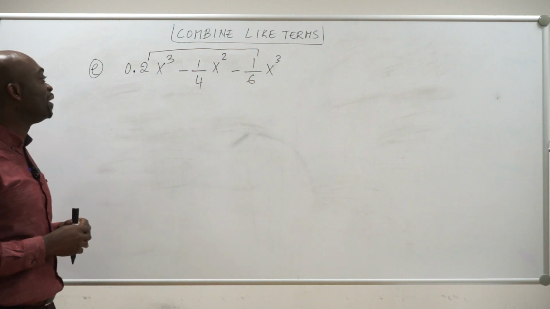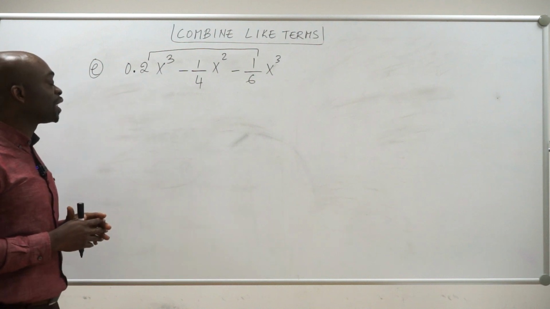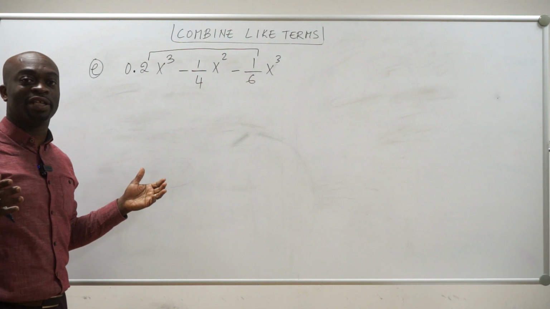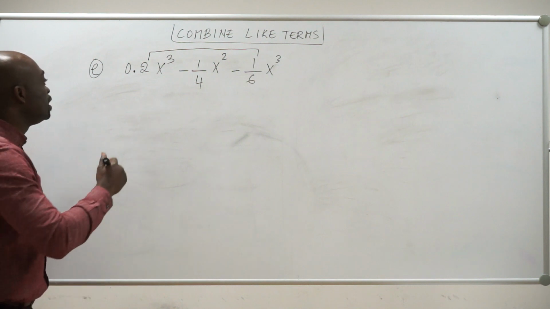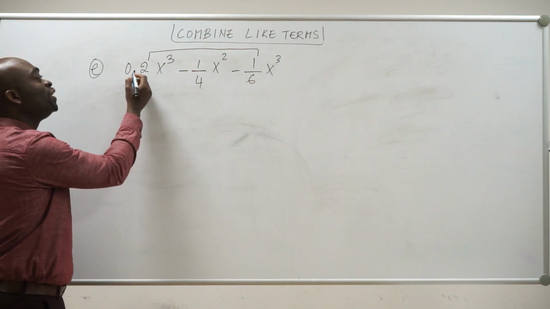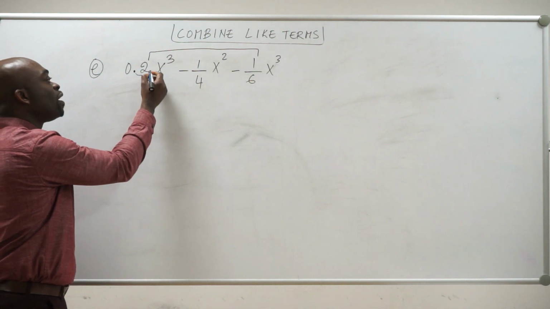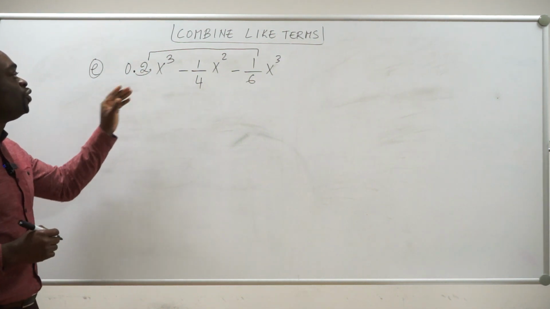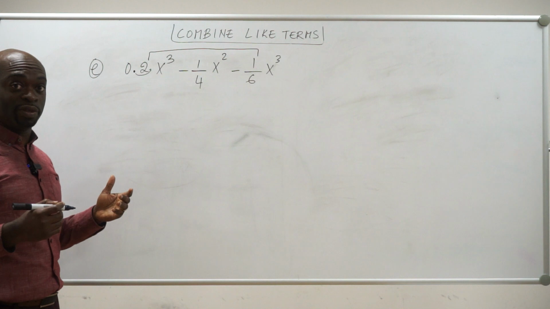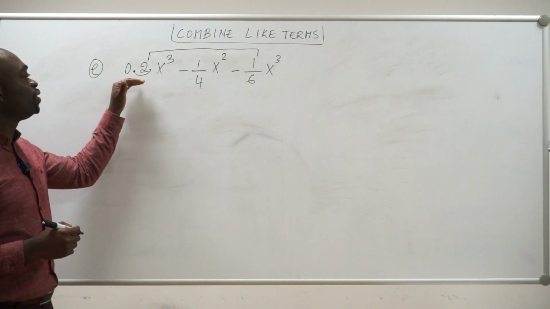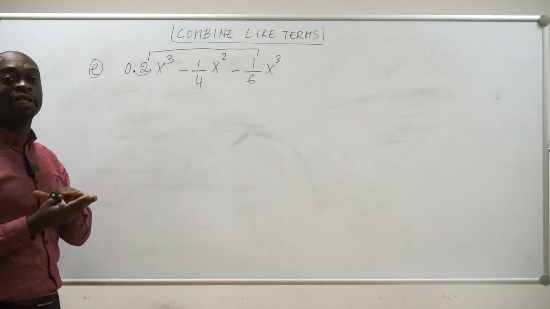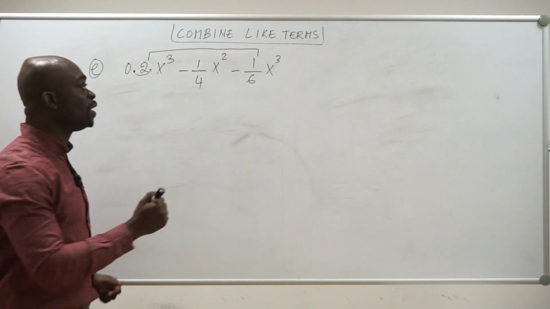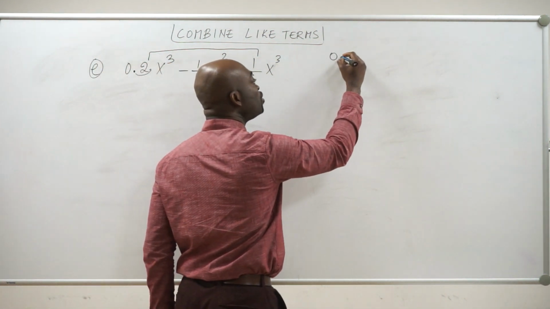And how do we do that? Now, 0.2 can be a fraction by doing what? By moving the decimal place once here, and when you do that, this becomes a 2, but once you do that, you have to also make it up to the fraction part. That means what? So let's come here. So you have 0.2.